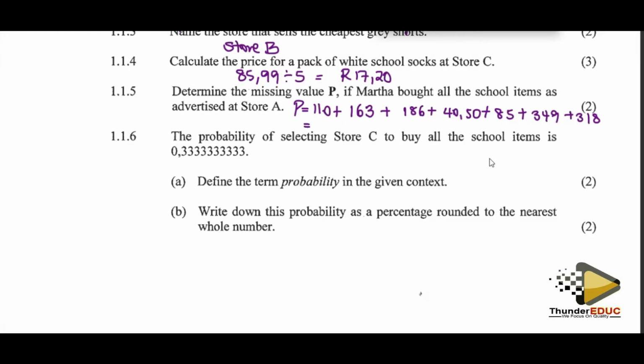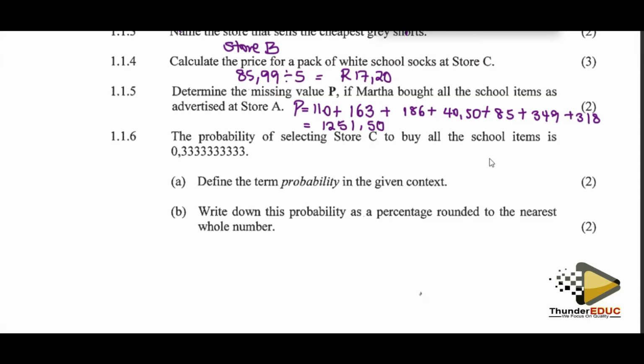And our final answer becomes 1,251 rands 50 cents. So that's the value of P. In other words, we are getting the total amount of money one will spend if they buy everything from store A.